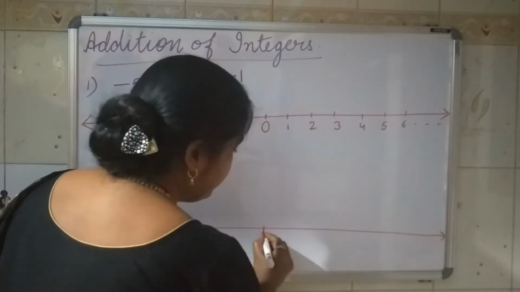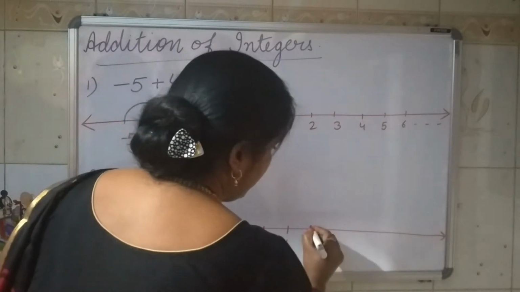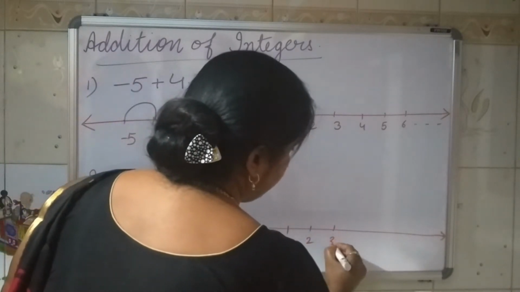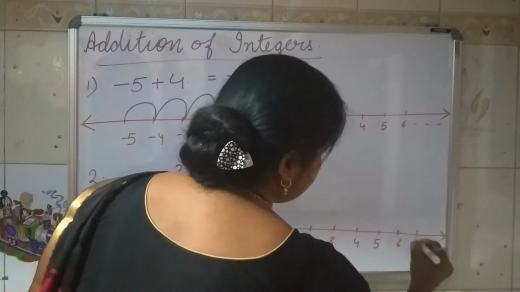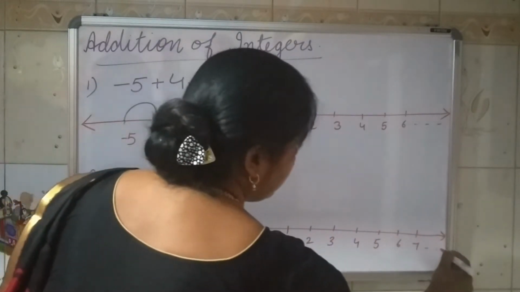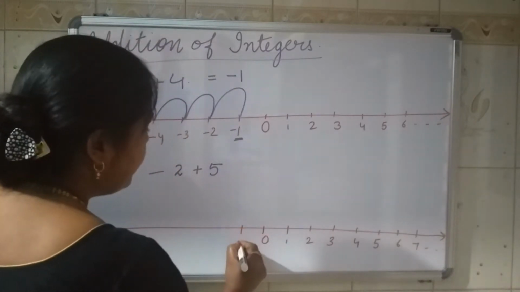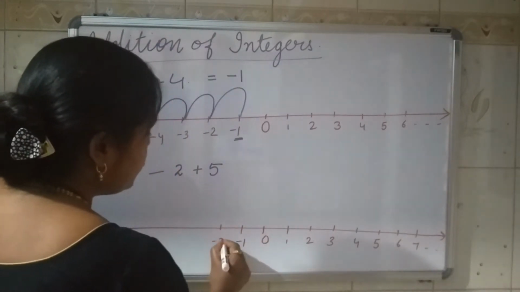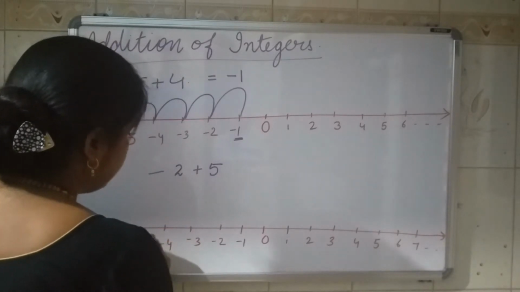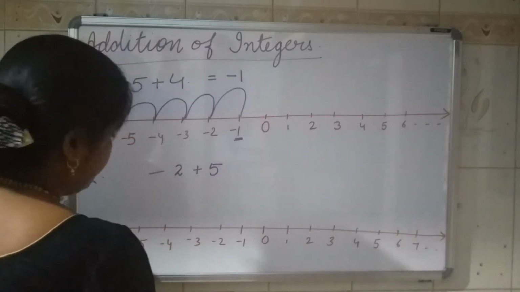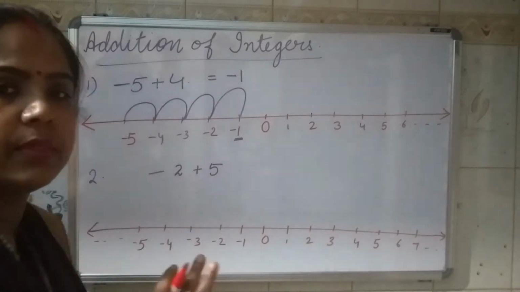We will begin from 0, 1, 2, 3, 4, 5, 6, 7 and so on. Then this side minus 1, minus 2, minus 3, minus 4, minus 5 and so on. Is this clear to you?